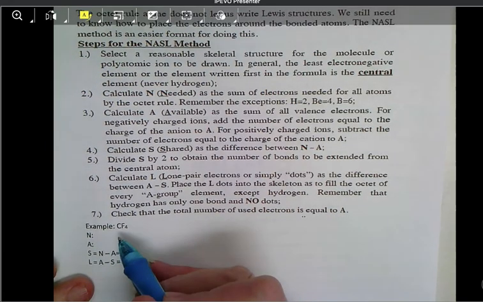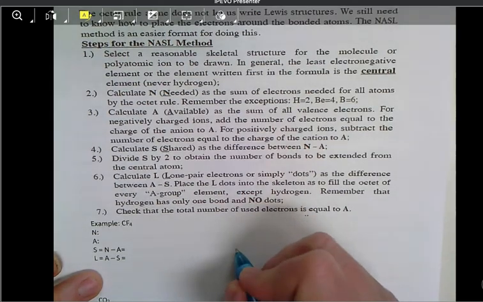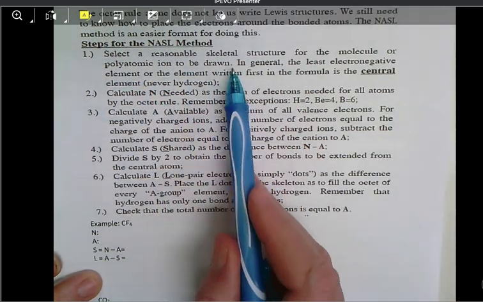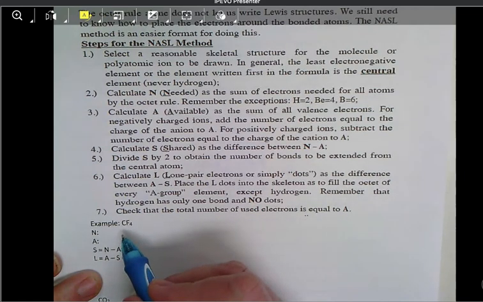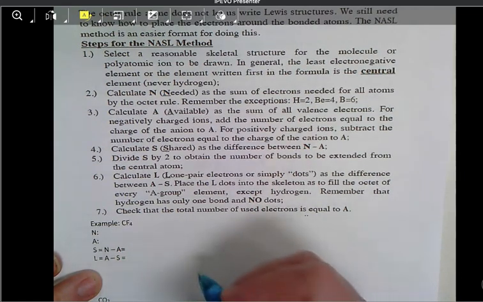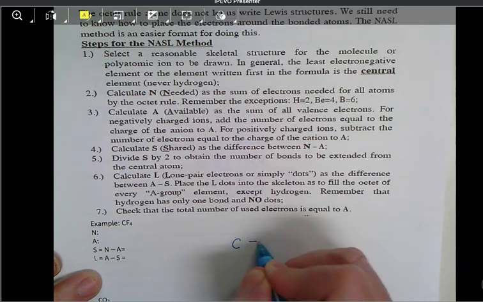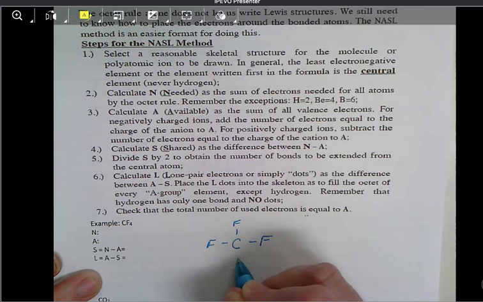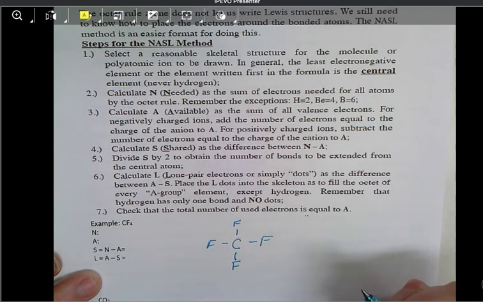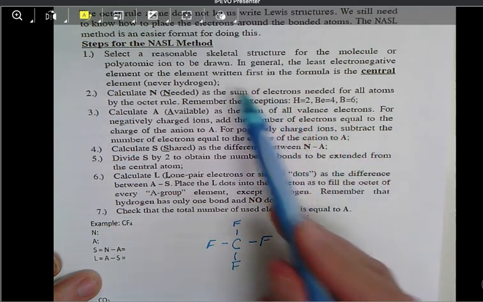So we're going to go through an example, CF4. The first thing it says is to select a reasonable skeletal structure. And I'm going to tell you this, the unique atom is always in the center. So carbon's going to be in the middle, and the fluorines are going to be on the 4 different sides. So I've done the first step.